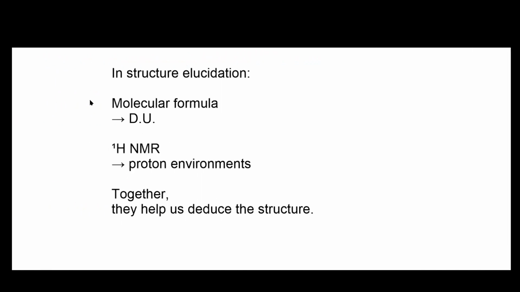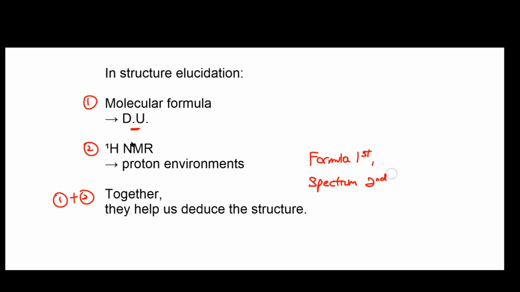In structure elucidation, we usually start with the molecular formula and calculate DU first. Then we use proton NMR to study the hydrogen environments. Together, these clues help us deduce the structure. Therefore, formula first, spectrum second.